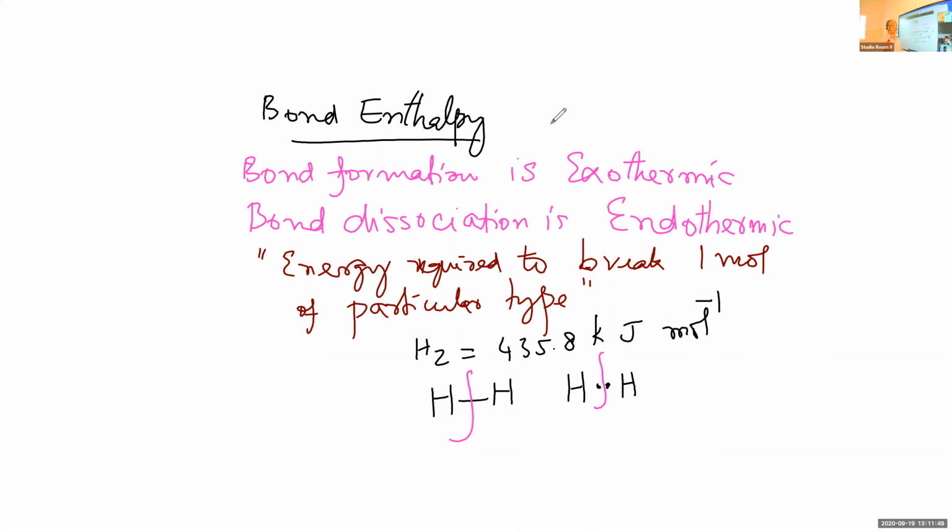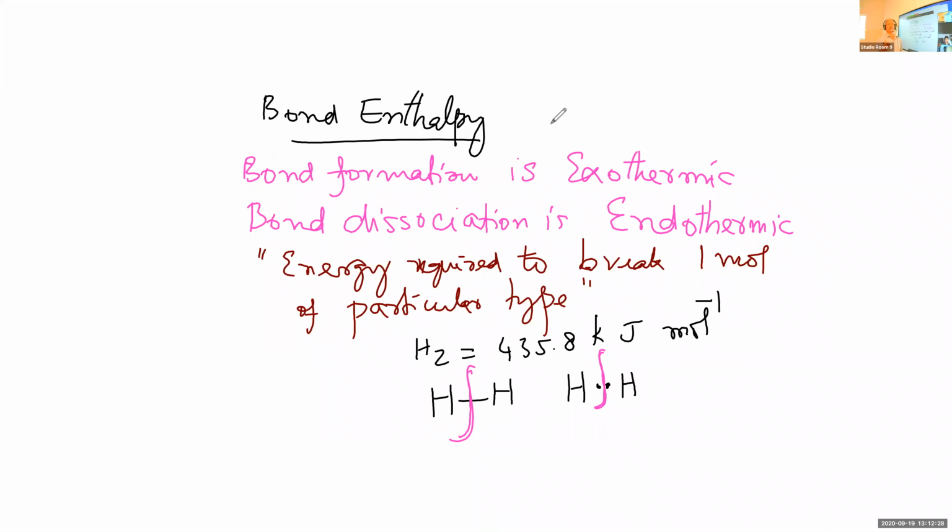1 mole of hydrogen molecules, that's called the bond enthalpy. I shall make it clear like this. Say, bond enthalpy of hydrogen is equal to 435.8 kilojoules per mole. Means, for the dissociation of 1 mole of hydrogen molecules, we need 435.8 kilojoules energy.